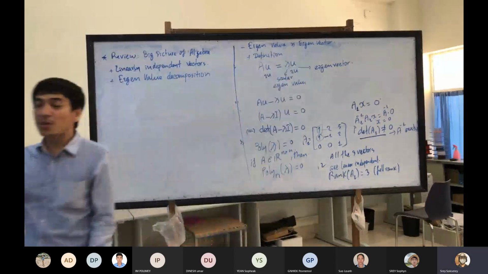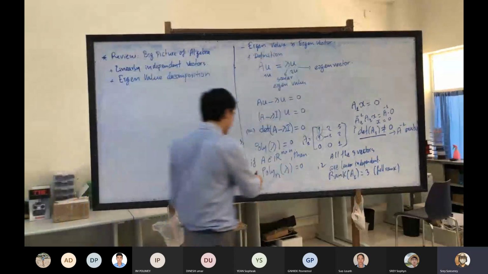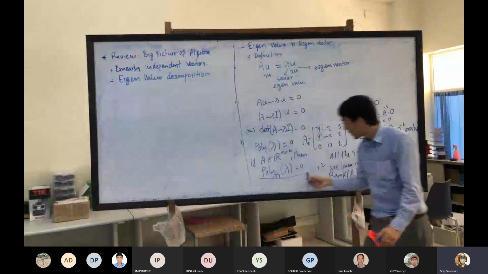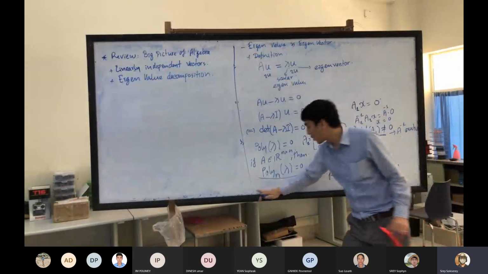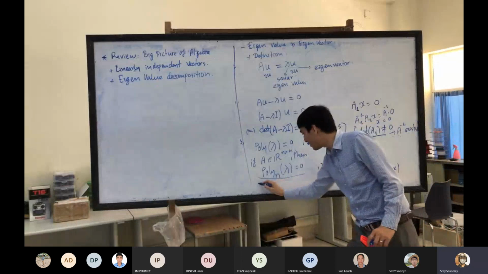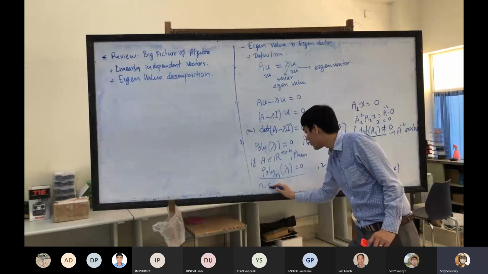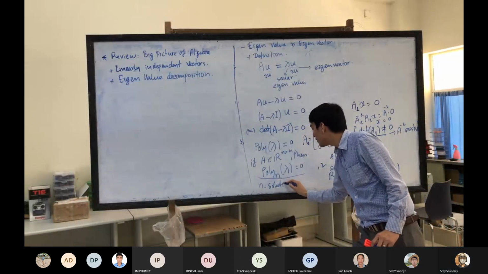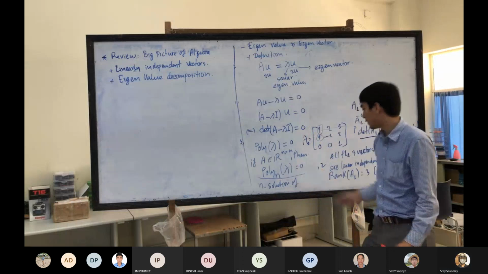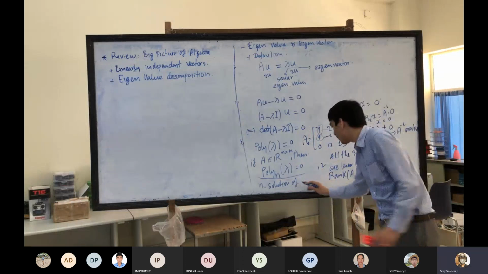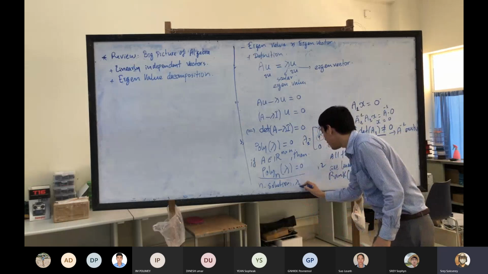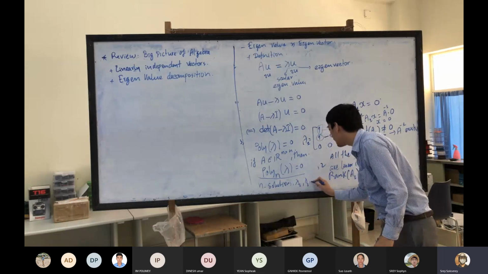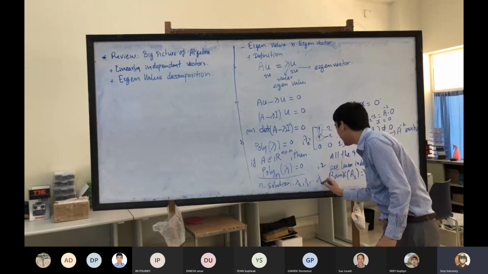Because from here, we have n solutions, right? Solutions of this equation. It means we have lambda 1, lambda 2, until lambda n.